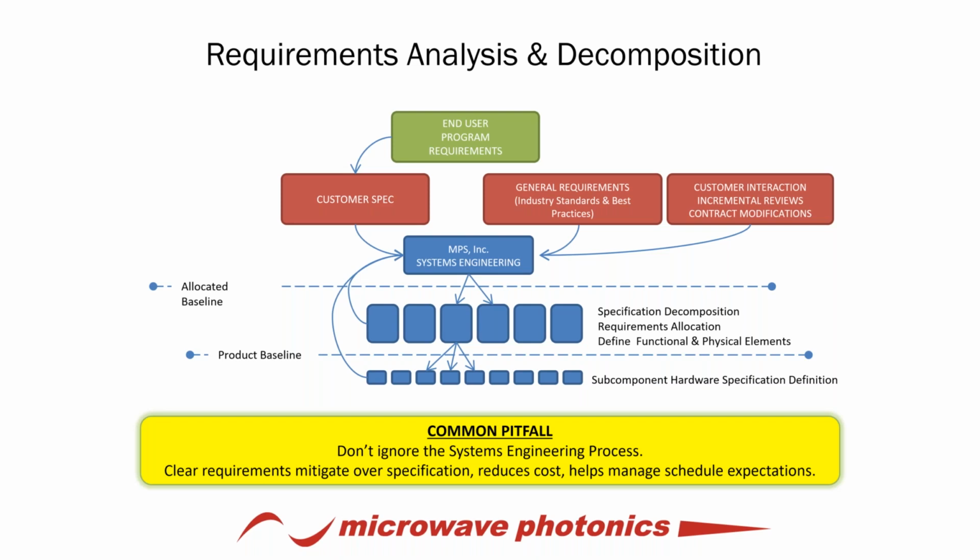Whether you're a new user or you've been using fiber optics for a long time, don't fall into the pitfall, don't ignore the systems engineering process. The more that you can do to follow a strong systems engineering process to decompose, it allows us to not only mitigate overspecification of the fiber optic link, but it also helps to reduce costs and manage schedule expectations.